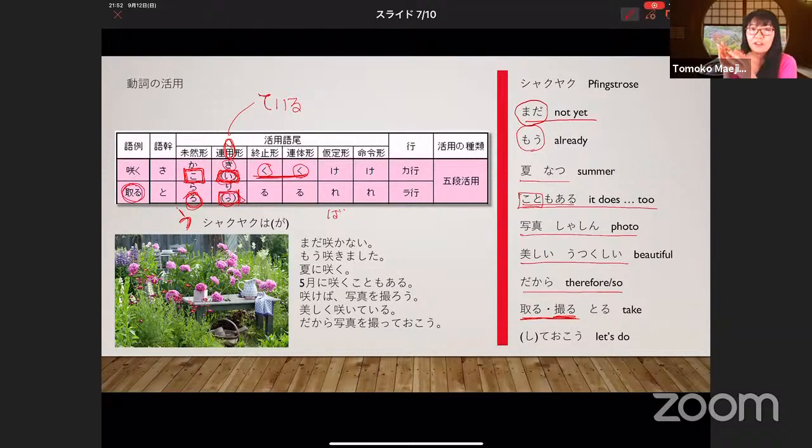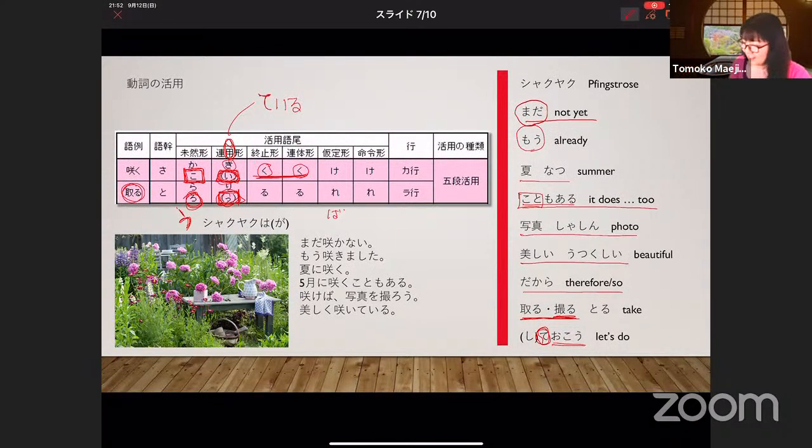When you have small tsu, then the sound is glottal, and then you conjugate with te again. So it's the second form over here. Oko is let's. So therefore, let's take the picture.